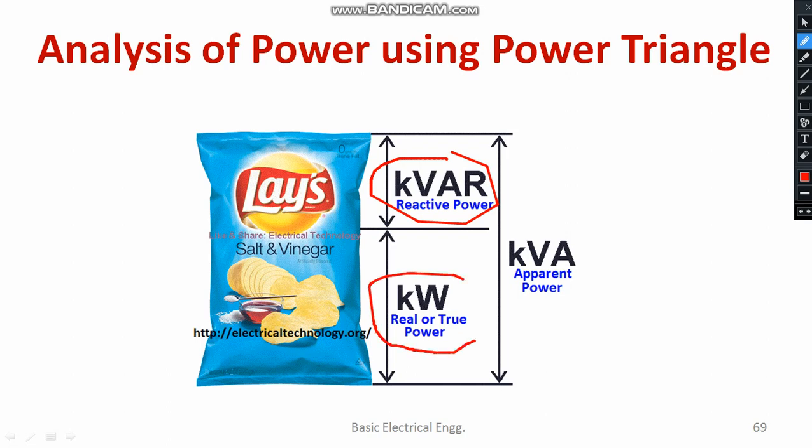The potato chips, the edible items, represent the real power or true power. Altogether we get a Lay's packet or the food packet, which you can call apparent power. So the sum of real power and reactive power forms apparent power. This is a clear-cut idea.